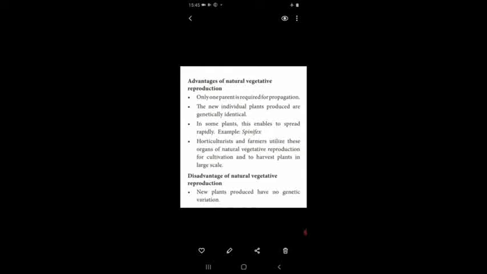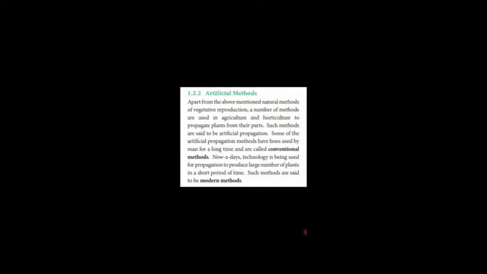So the main disadvantage is that no genetically variable plants are produced. These are the advantages and disadvantages of vegetative reproduction, an important 2 mark and 3 mark question. Next we are going to see the artificial method.